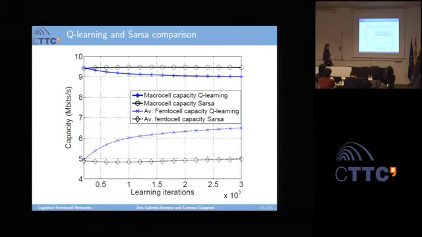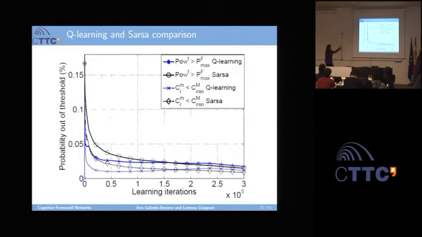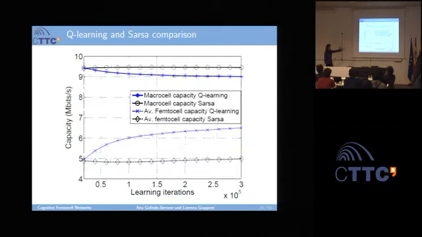So as a conclusion, we continue with the Q-learning algorithm because we will have better performance since the beginning of the learning process, and because we will guarantee the capacity we want at the macro user, but we will increase the capacity at the femto systems, and this will give us a higher global capacity.